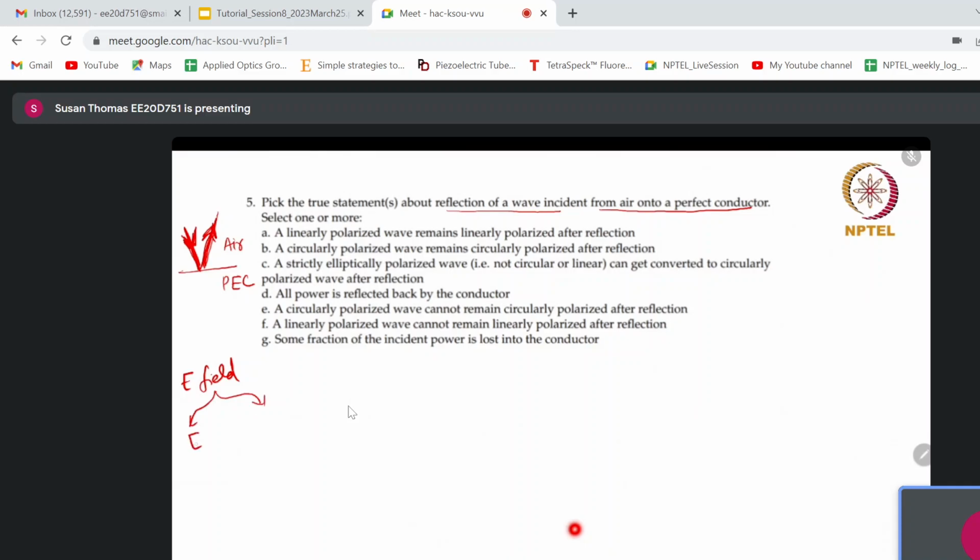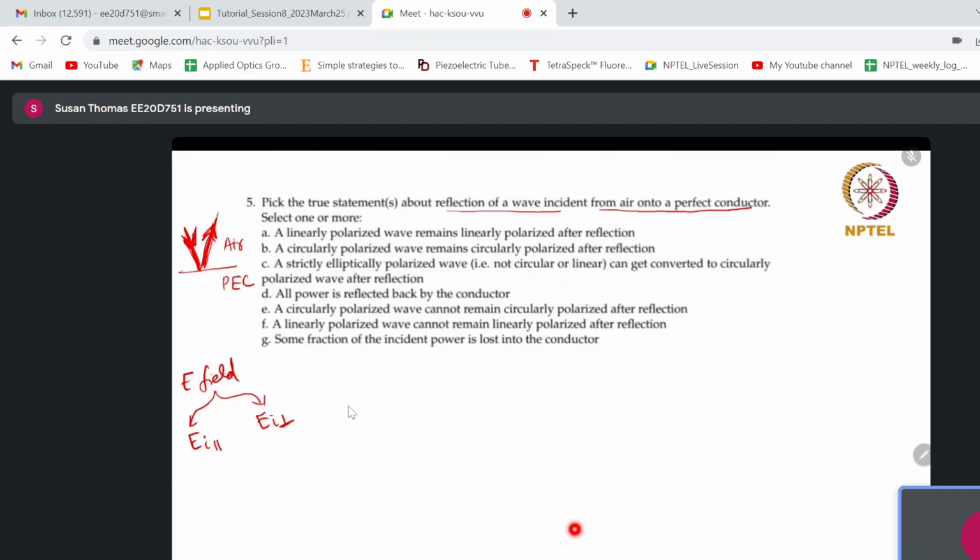One is the EI parallel and the other is EI perpendicular. That means one component is parallel to the plane of incidence, and the other component is perpendicular to the plane of incidence.